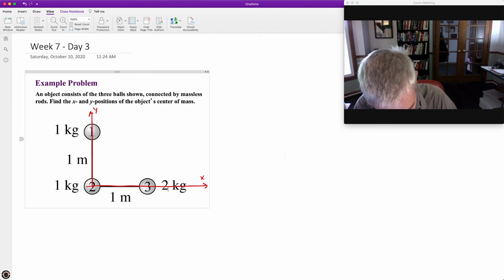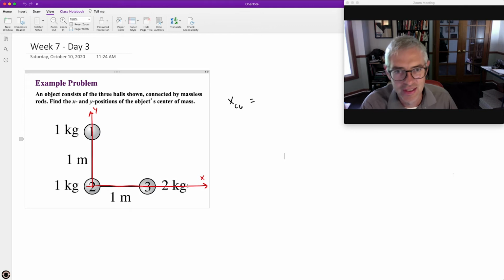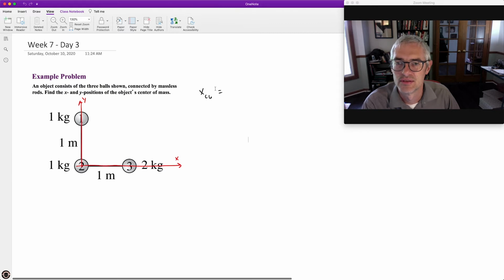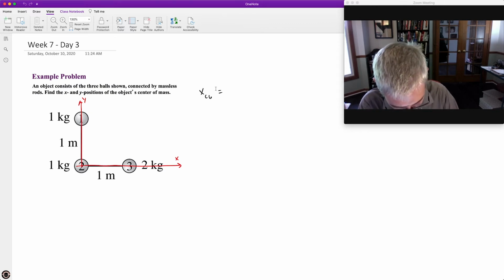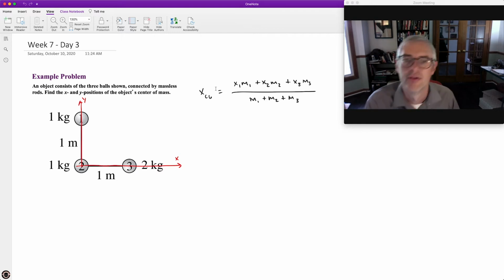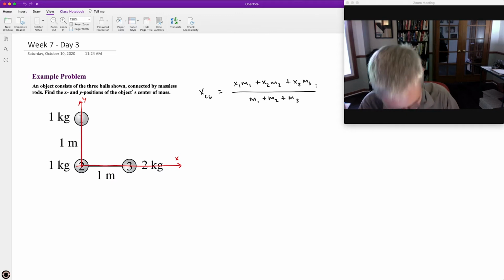So our x position, in the way that it's presented in the book: x center of gravity is equal to x1 m1 plus x2 m2 plus x3 m3, all over the total mass. So it's the x location for mass 1, mass 2, and mass 3. All right, so let's figure those out.